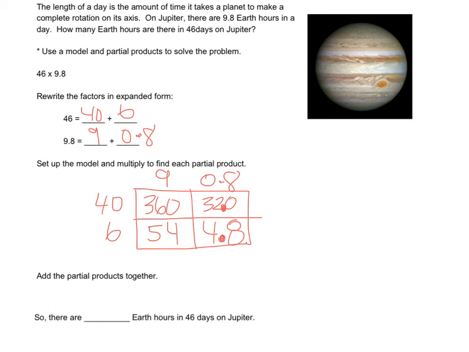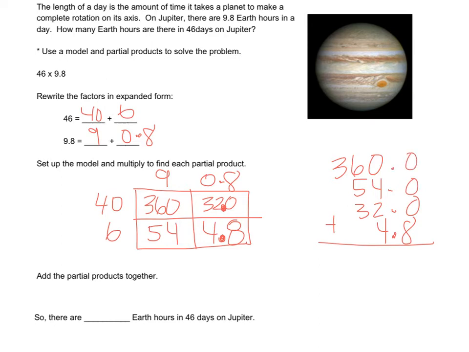Okay, next I need to add my partial products together. So I'm going to do that out to the side because I'm out of room. You probably have room to do it underneath there though. So I'm going to add together 360 and 54, 32, and then 4 8/10. Notice I'm thinking back to that last chapter and keeping my decimals lined up. You can come back and put in a decimal and a 0 there to help you keep things lined up.